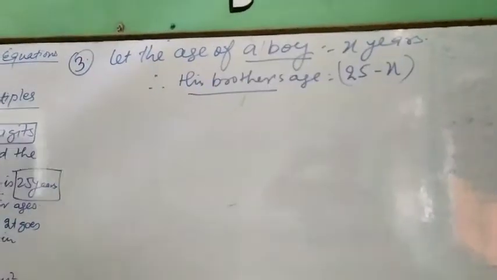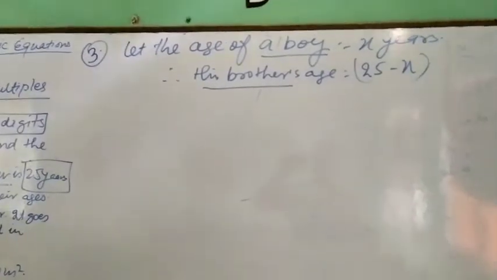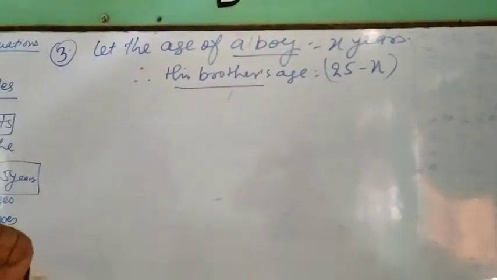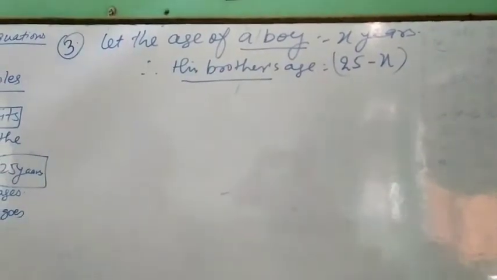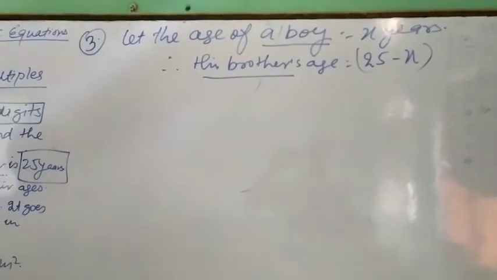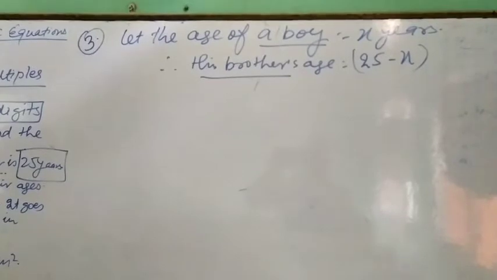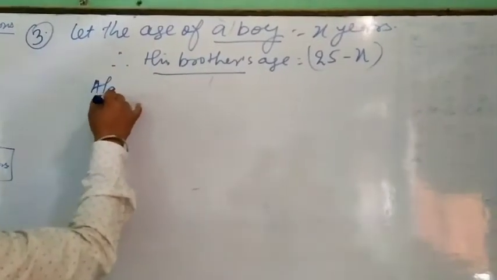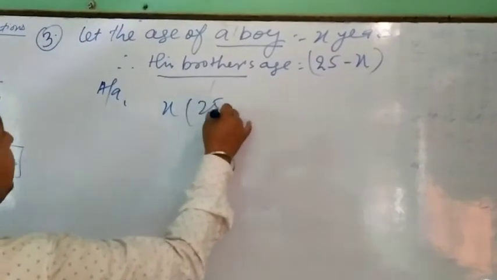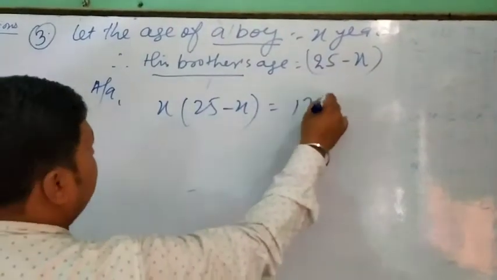So we can subtract the age of a boy from the sum of these two, and we get the age of his brother. The product of their ages is 126. According to the question, x into 25 minus x equal to 126.